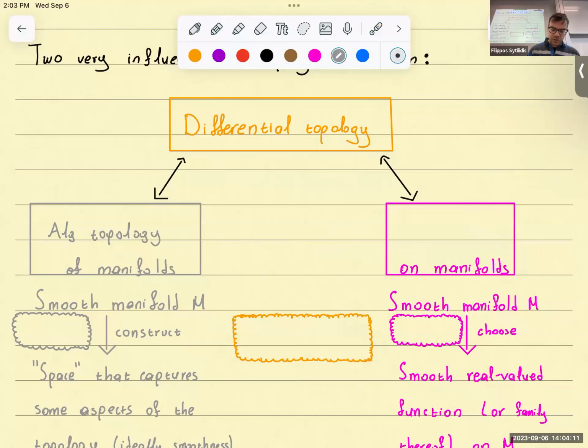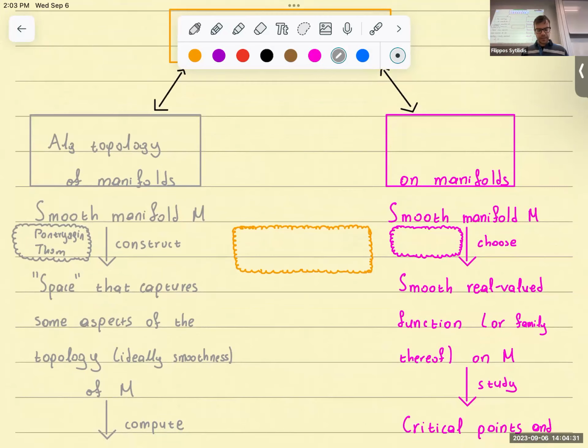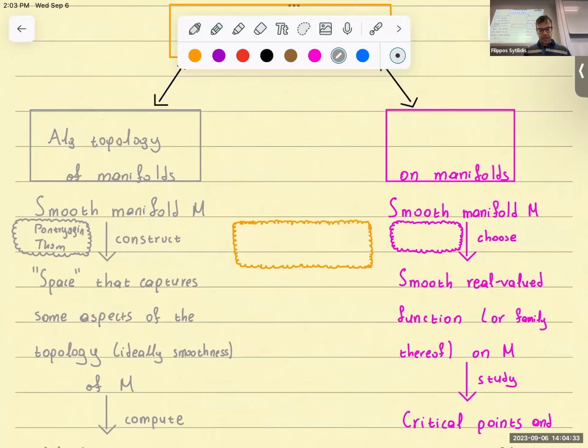And I should probably mention, usually when I say construct, that can mean many things, but two names that definitely need to be mentioned here are Pontryagin and Thom. Usually these constructions go by some variant of what's called the Pontryagin-Thom construction, but it doesn't matter for us too much. But definitely two very important names that will show up again and again.